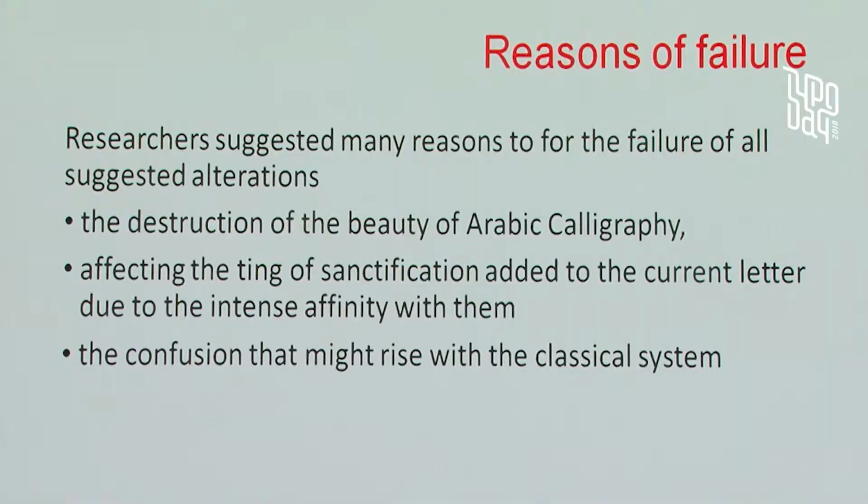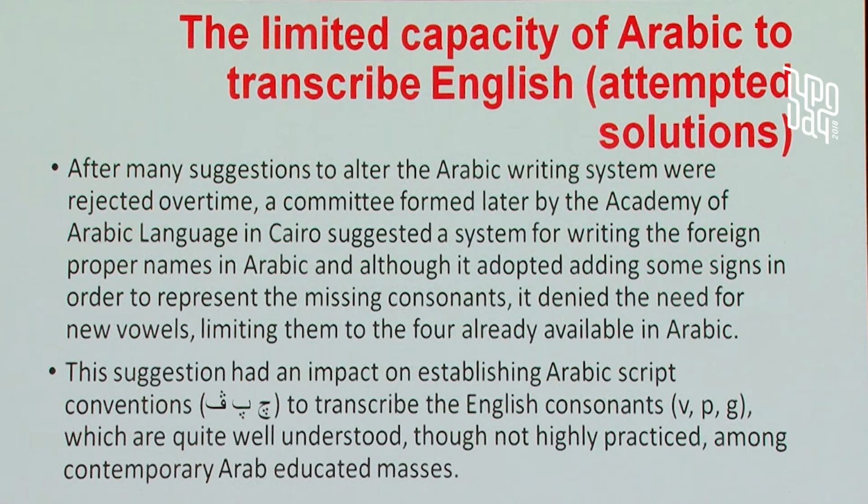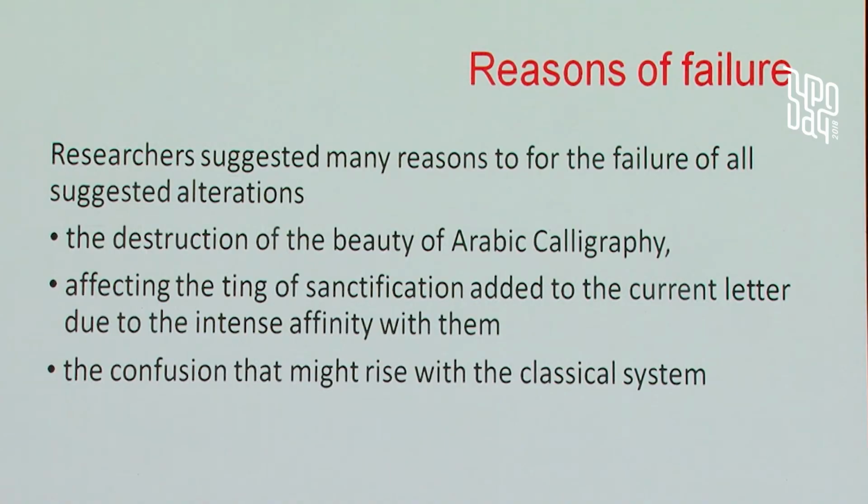The reasons: the suggestions weren't all the time from the context of Arabic. They suggested changing the writing system, changing the letters, and so on. That's why they were rejected, and because people were afraid to destroy the beauty of Arabic calligraphy.